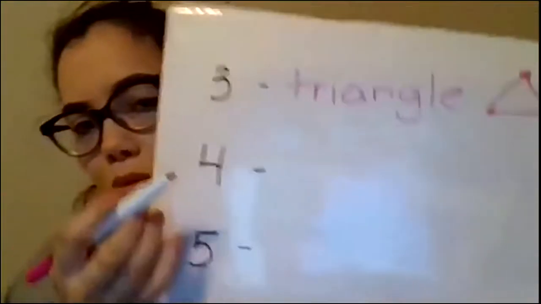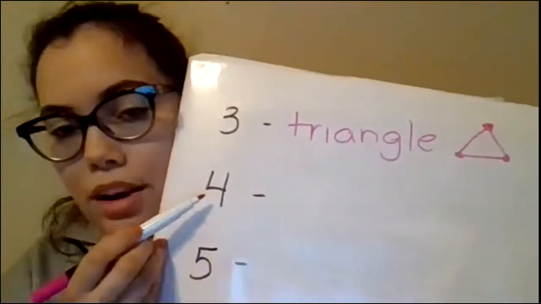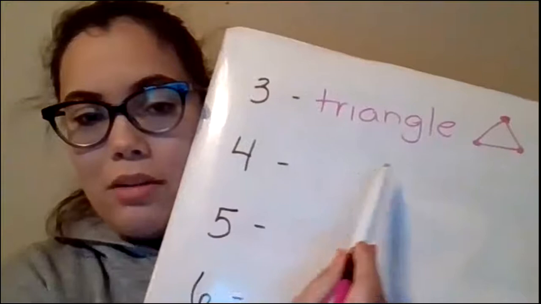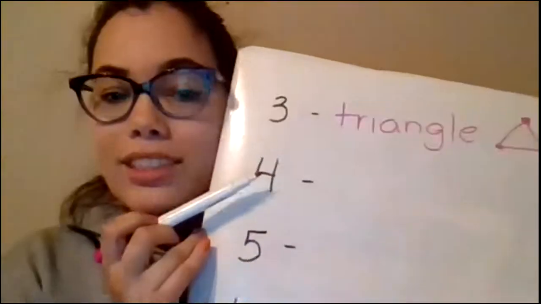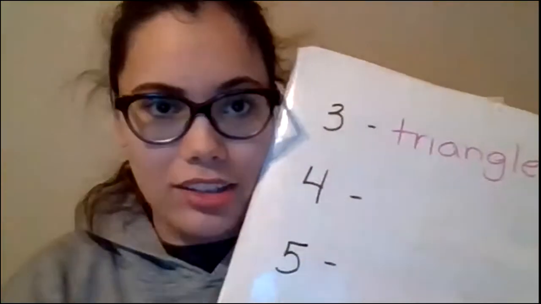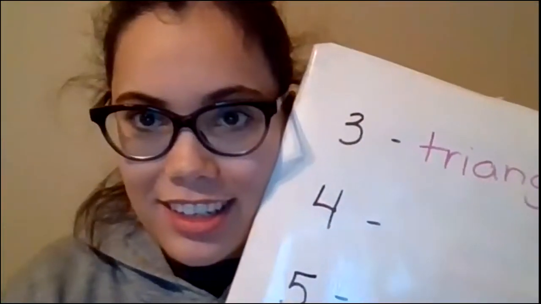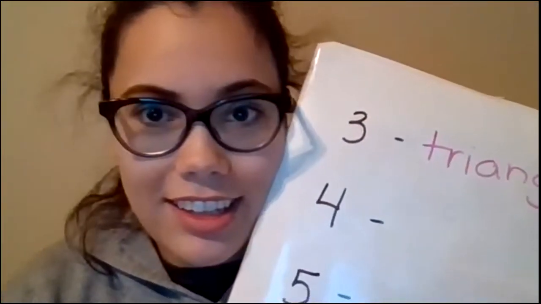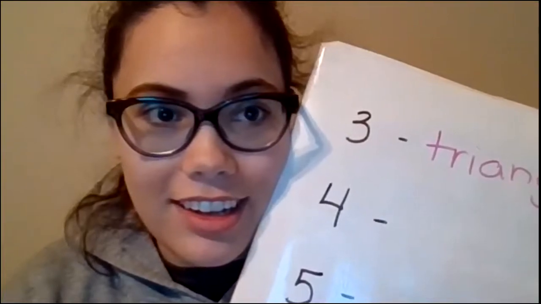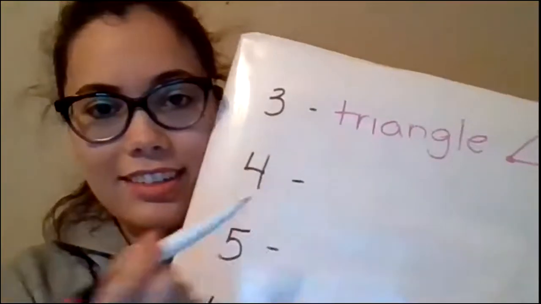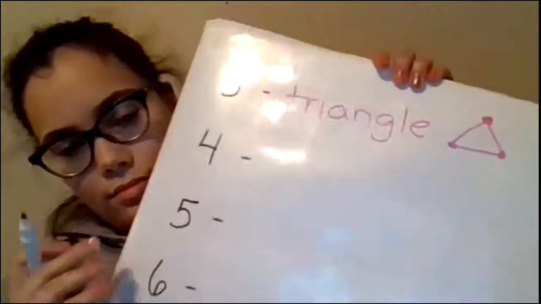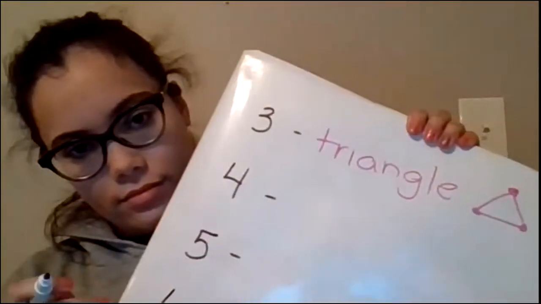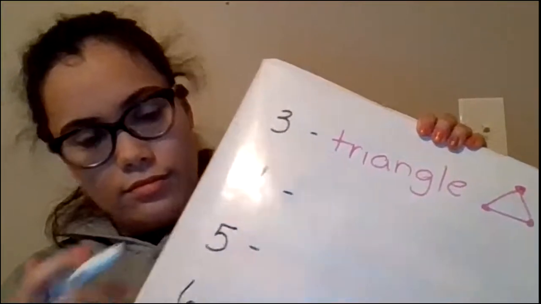What are 2 shapes that we know of? Let's see if you can remember what the word is for any shape that has 4 sides and 4 angles. Something that has 4 sides and 4 angles is, I think, a square or a rectangle.